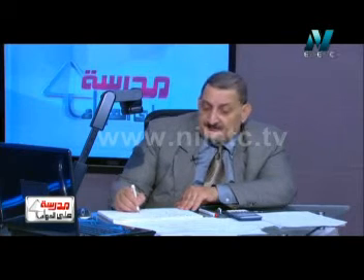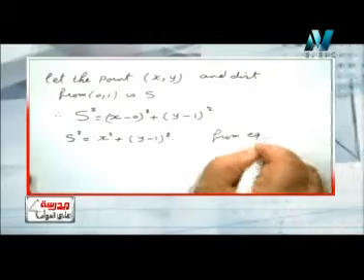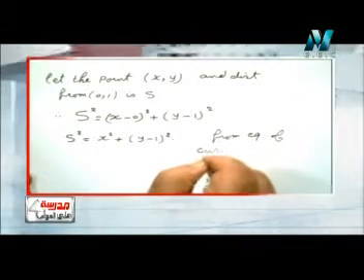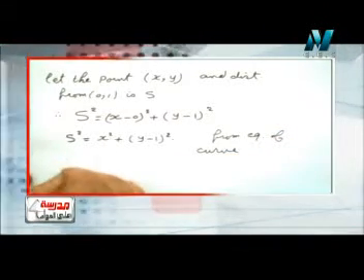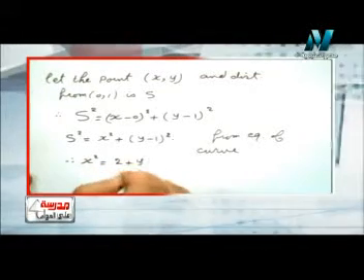We have to put this in 2 unknowns only. So we want a relation between either s and x or s and y. From the given we know that x square minus y square equals 2. So from the equation of the curve, x square equals 2 plus y square.